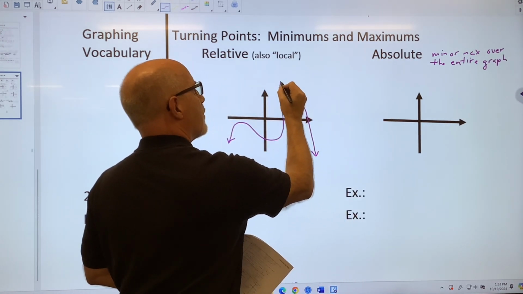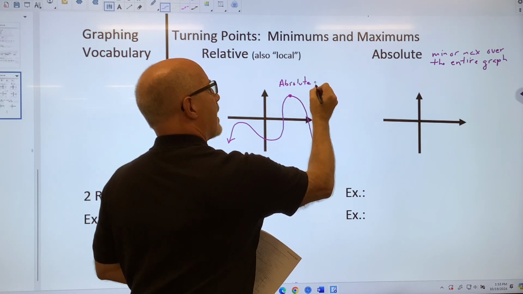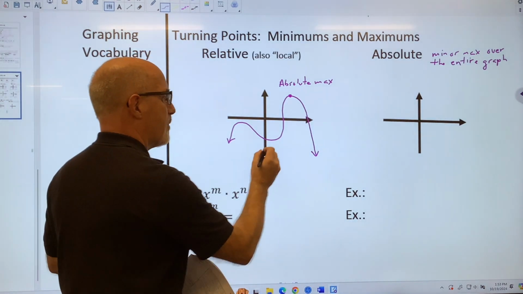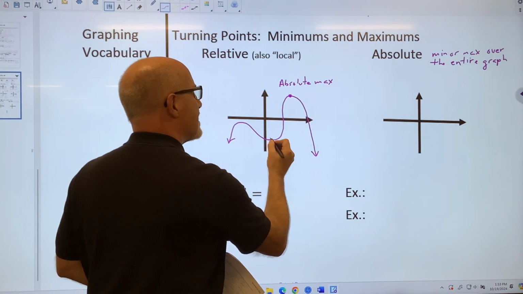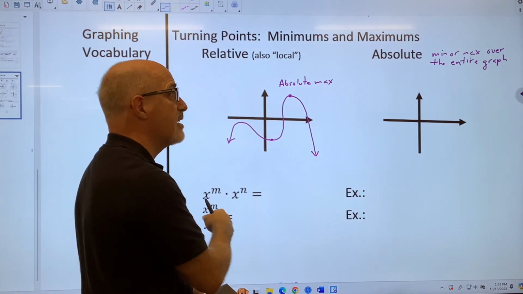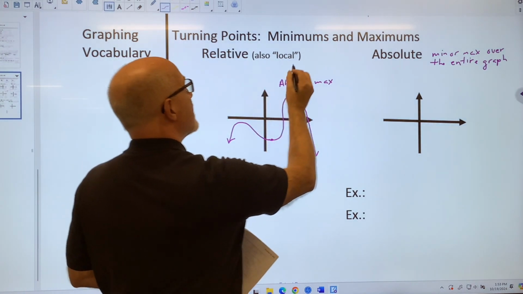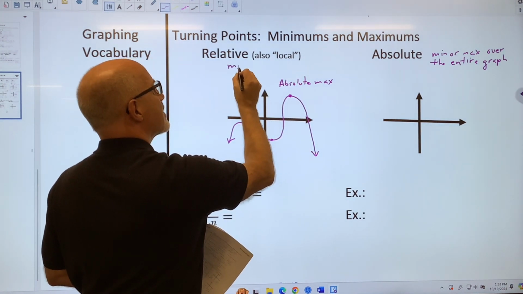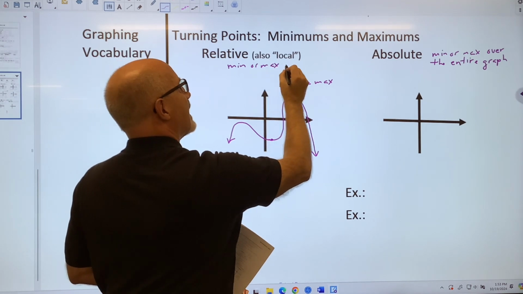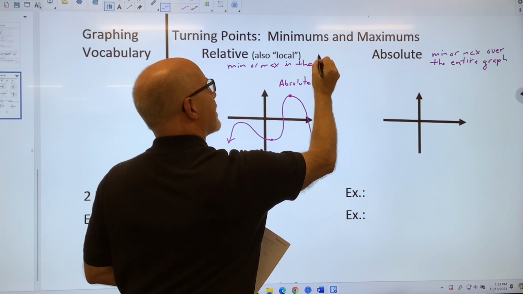So this would be called an absolute max. Now this one down here, this point here, it's not a minimum for the entire graph because notice the graph goes past it. So we would call this a relative or local max because this would be a min or max in that neighborhood.